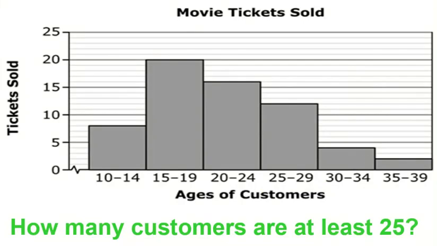All right, so let's start with this. We got a histogram here. I know those lines aren't easy from your seats, so we got 8, 20, 16, 12, 4, and 2.